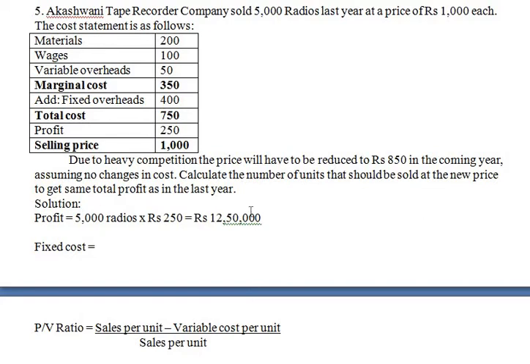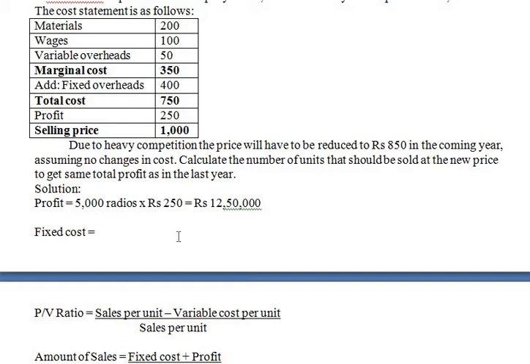So to know that, we need to find out the amount of sales, when profit is 12,50,000, because they are going to earn the same profit in the next year also. So their profit for the last year is 12,50,000.